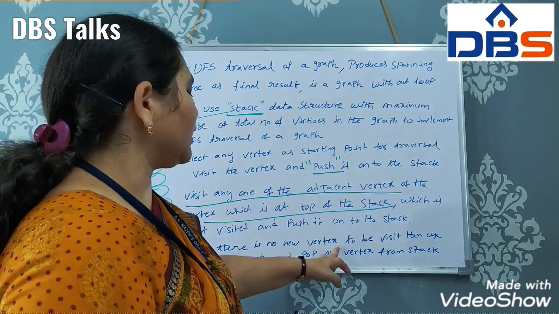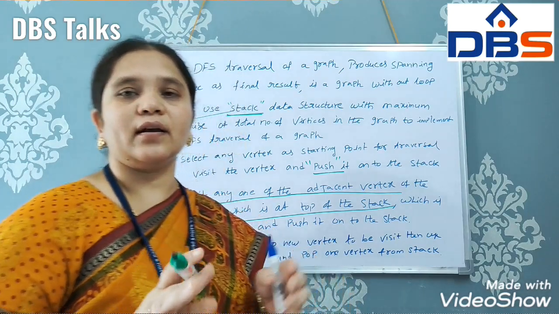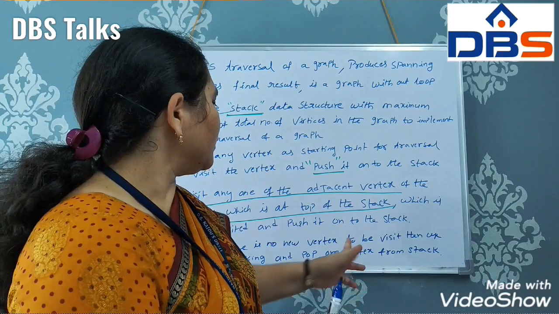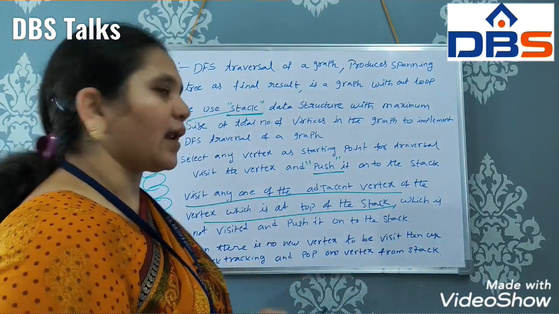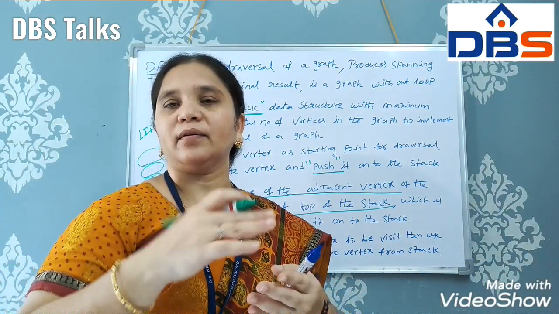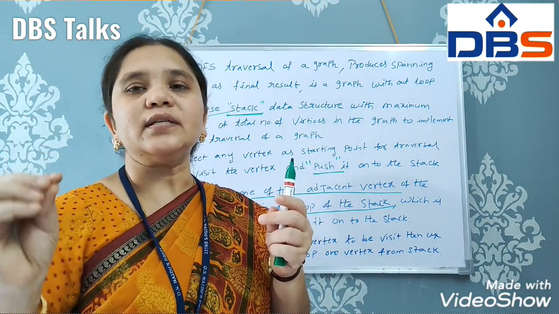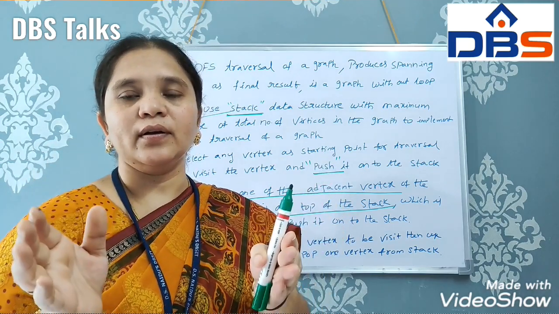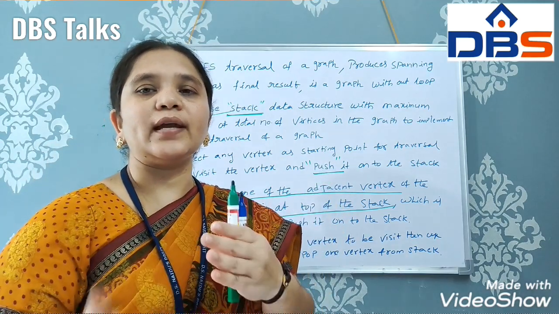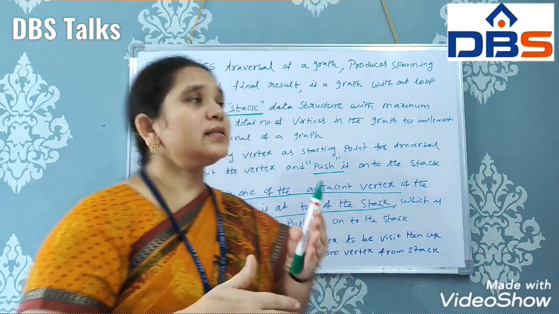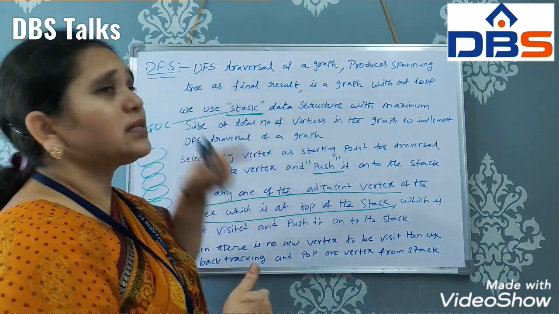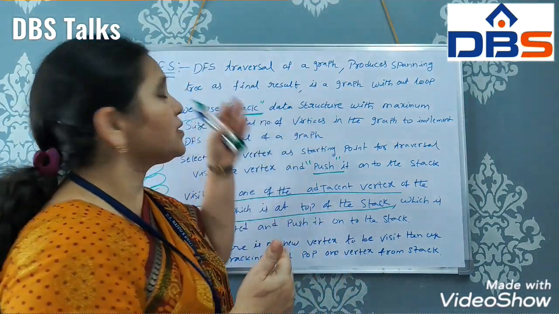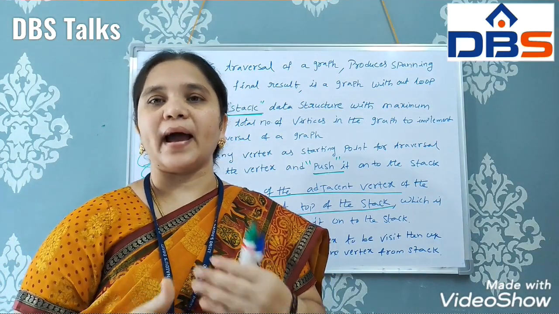When there is no new vertex, if a vertex doesn't contain any new unvisited node, then we can backtrack from that node. So depth first search allows backtracking, but breadth first search does not allow backtracking.